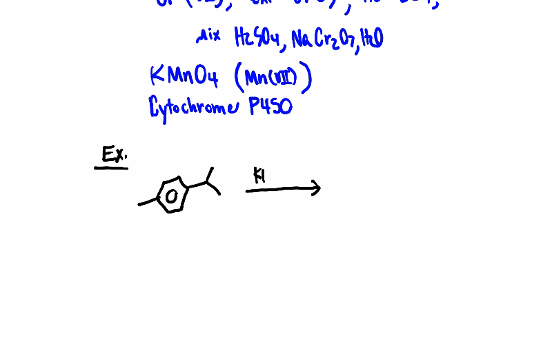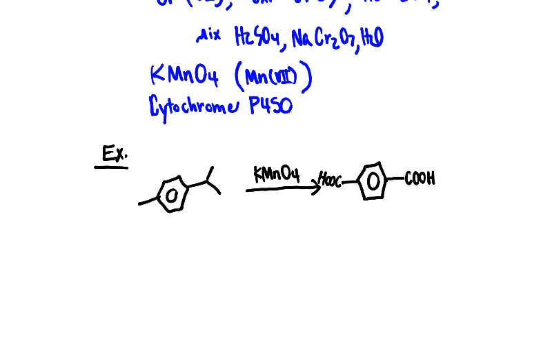We can react with potassium permanganate, KMnO4, and what's going to happen here is that each of the benzylic carbons is going to be oxidized to give a carboxylic acid group. So we get COOH here, and then para to that, also COOH at that para position as well. So we get full oxidation going on there at each of the benzylic carbons.